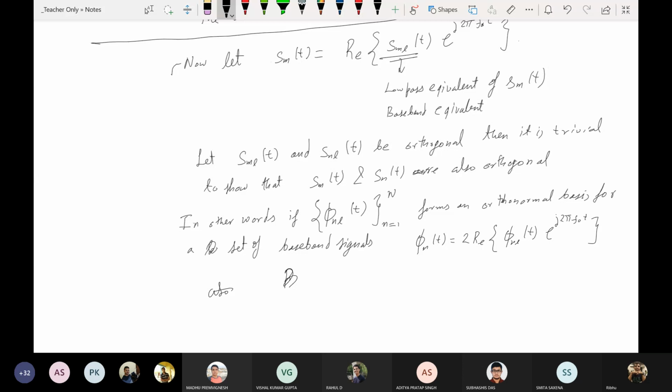Also forms a set of passband signals. Fine.